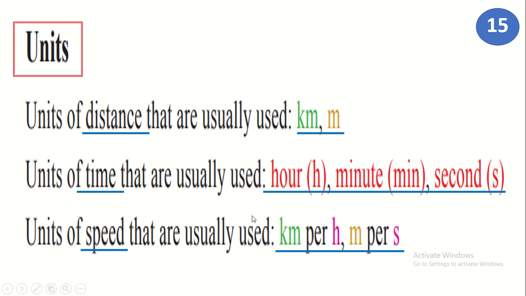Per hour is the same as slash. Kilometer per hour, or we say meter per second. Speed is usually kilometer per hour. You can see this in the car. Meter per second also.